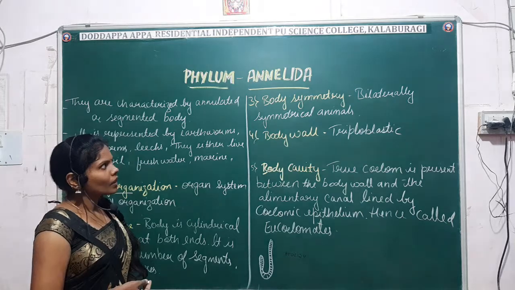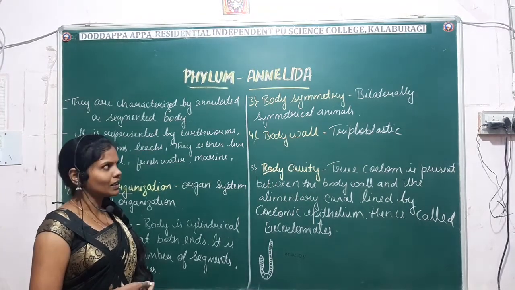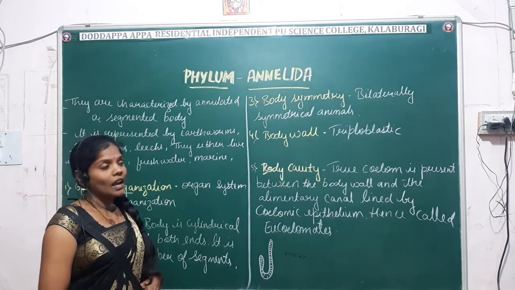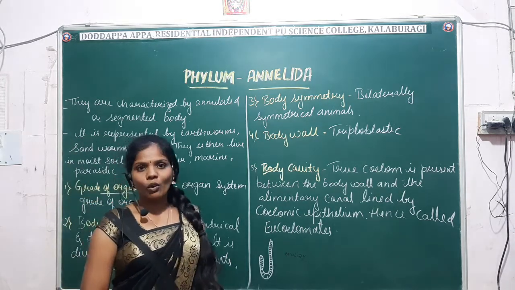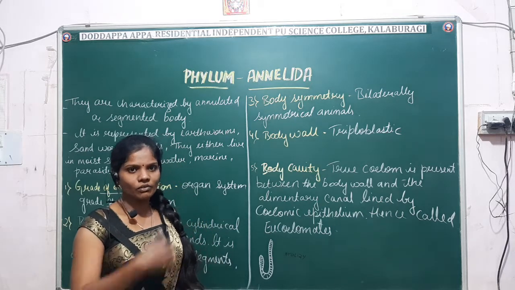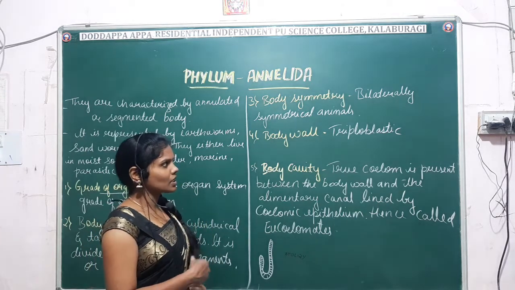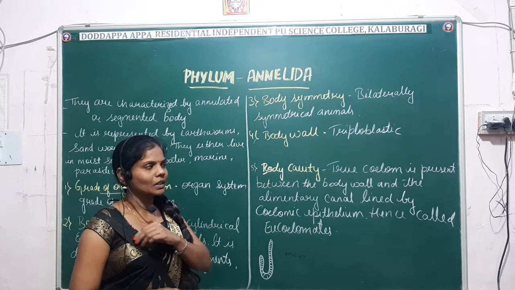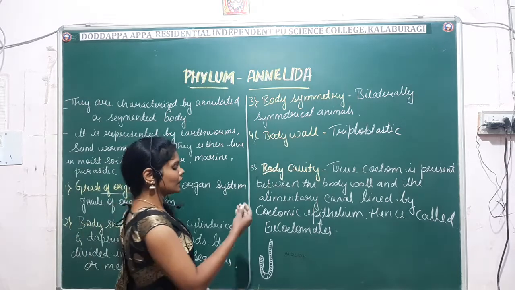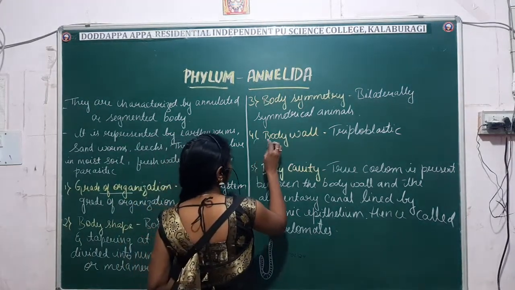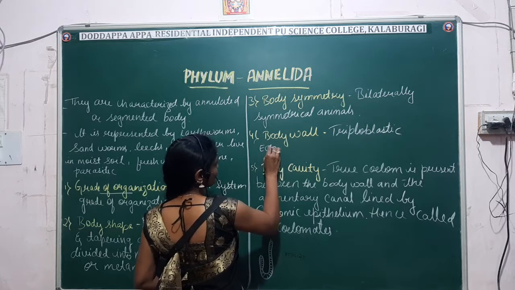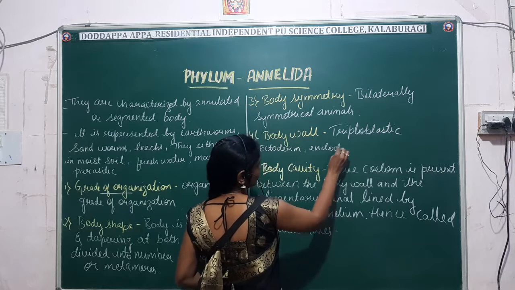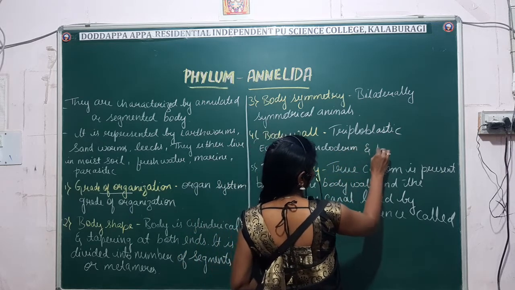It's a common name. Then when it comes to body symmetry, they exhibit bilateral symmetry, or they are bilaterally symmetrical animals, where the body can be divided into two equal halves from the central axis. Next comes the body wall. Annelida are triploblastic animals, meaning they are made up of 3 germ layers: outer is the ectoderm, then endoderm and mesoderm.